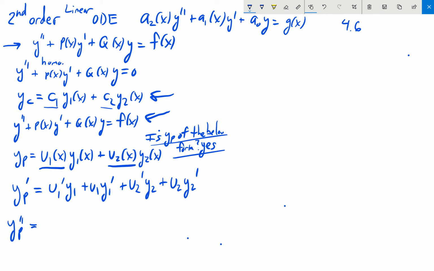Let's now go ahead and calculate y p double prime. Again, we have to do 4 product rules this time.